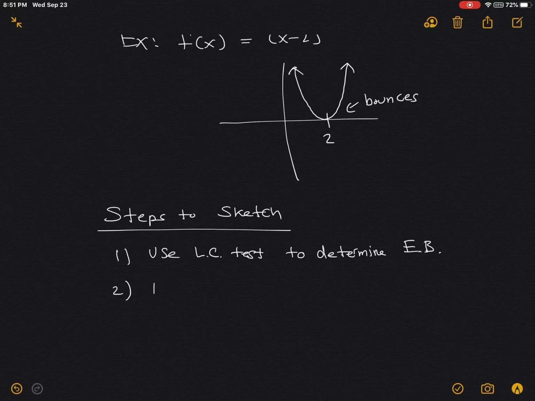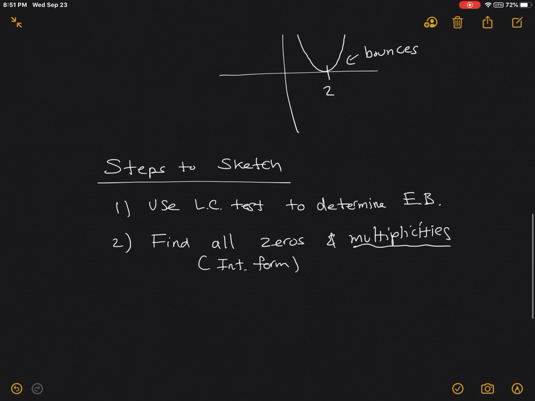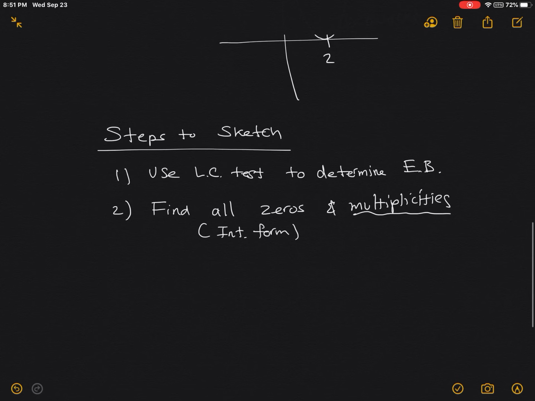You want to find the zeros and multiplicities, okay? So that implies that you need it to be in factored form, okay? So it has to be in intercept form for you to determine the multiplicities, right? That's why I wrote in the notes, for instance, x squared plus 5, I wrote as x plus root 5, x minus root 5. It's to determine the multiplicity.